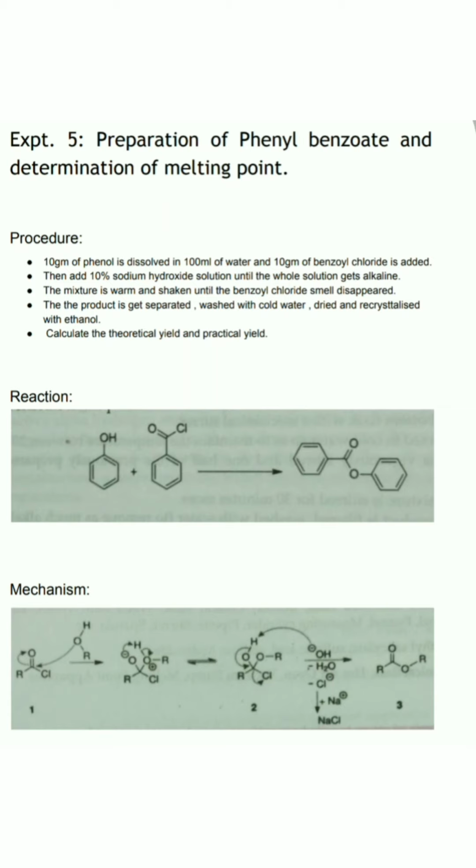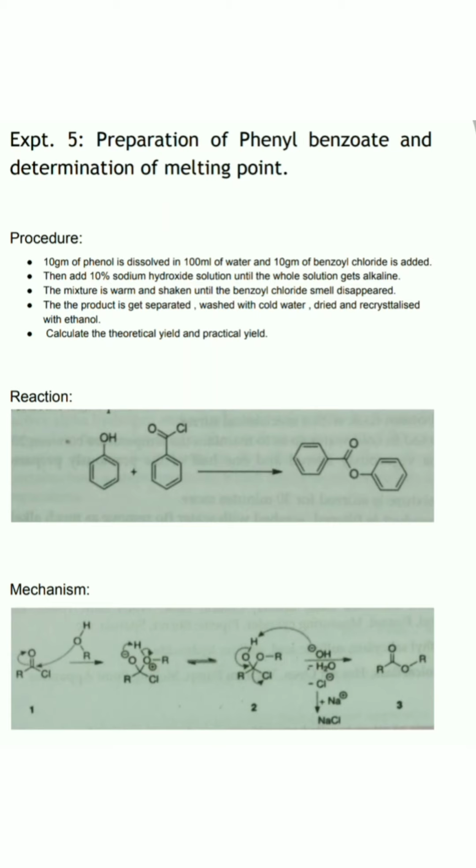So X gram of benzoyl chloride will give Y gram of phenyl benzoate. So 1 gram of benzoyl chloride will give Y by X gram of phenyl benzoate, and we have taken 10 gram of benzoyl chloride. The 10 gram of benzoyl chloride will give the amount which will be our theoretical yield.